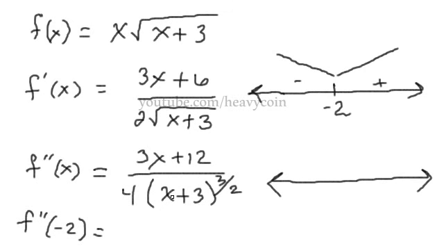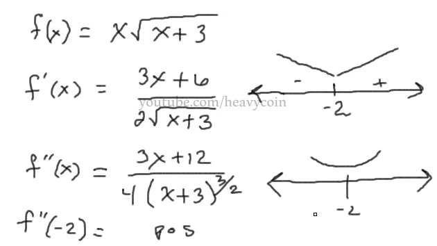Plugging negative 2 into the denominator, we end up getting 1 because negative 2 plus 3 is 1. Plugging negative 2 into the numerator, you get negative 6 plus 12, so that ends up being a positive number. So we know here at negative 2 that it's going to end up being concave up. It's decreasing, increasing, so we know that this graph is concave up at negative 2.